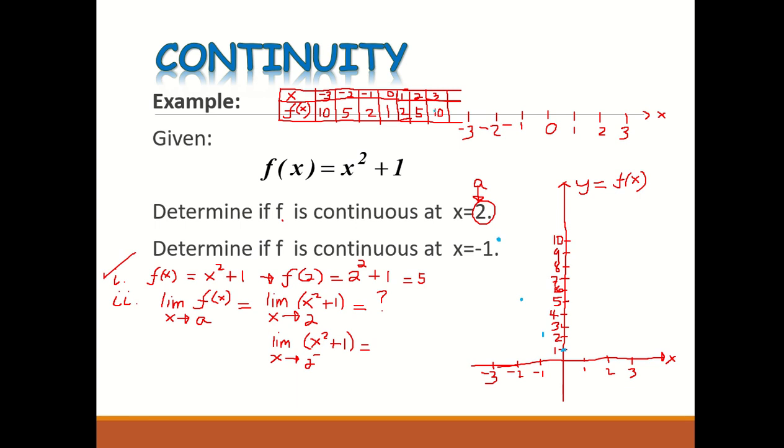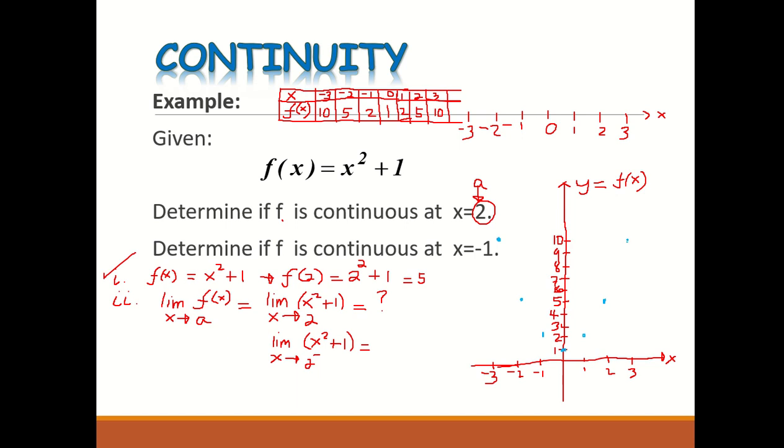Now when x equal to 1, f of x is equal to 2. Then when x equal to 2, f of x equal to 5. Okay, so 5, it's somewhere here. When x equal to 3, that is 10. Okay, so it's somewhere here.